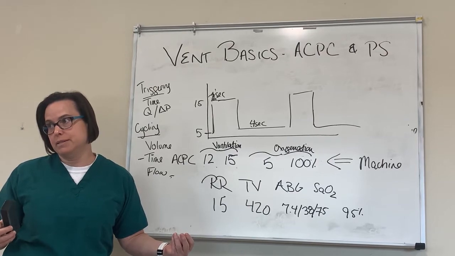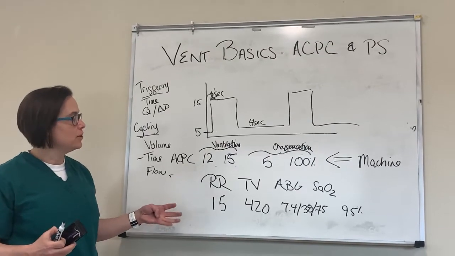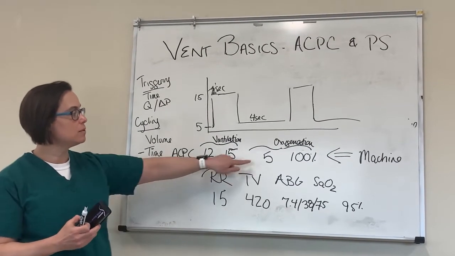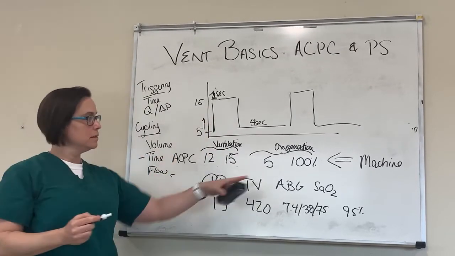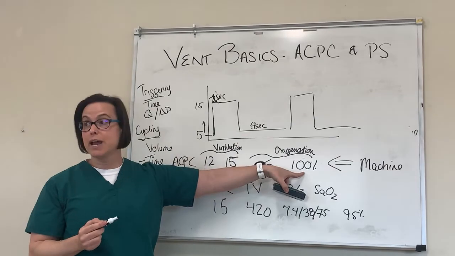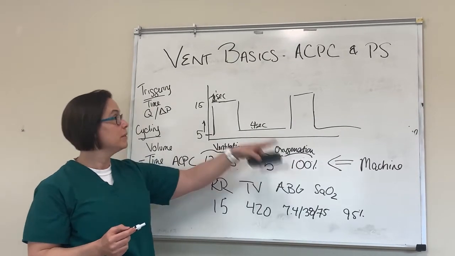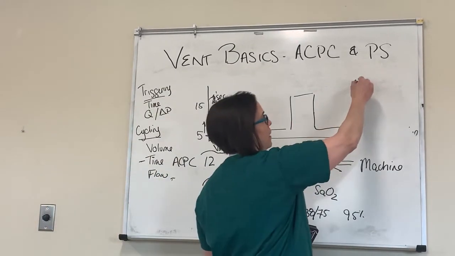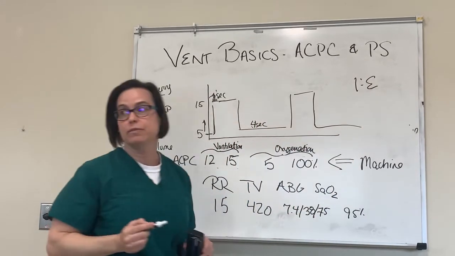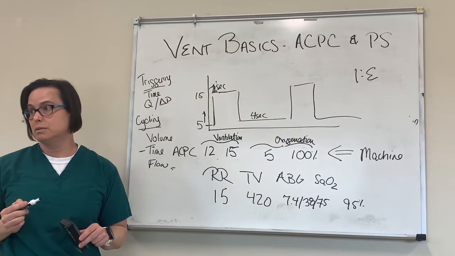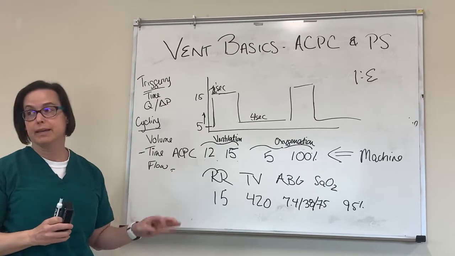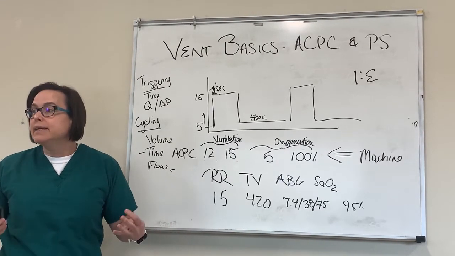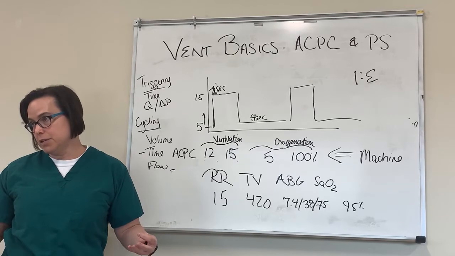Okay, that make sense? That makes sense. So that's how we would handle improving oxygenation on this. So not only can we increase our PEEP to increase oxygenation, we can increase our FiO2 to improve oxygenation, but we can also change our I to E ratio to improve oxygenation. Okay, does that all make sense? Okay, so that's why I really like ACPC, that easily manipulatable I to E ratio.